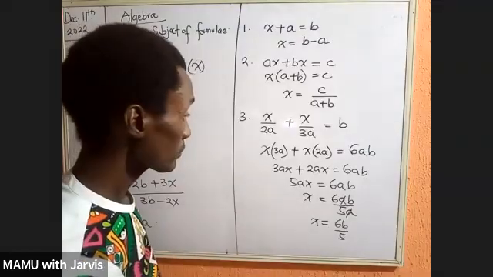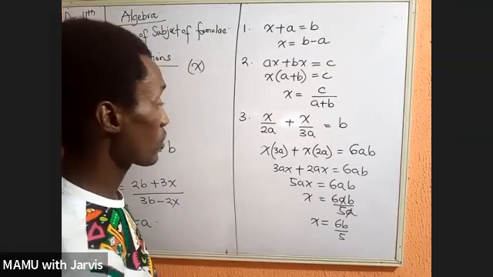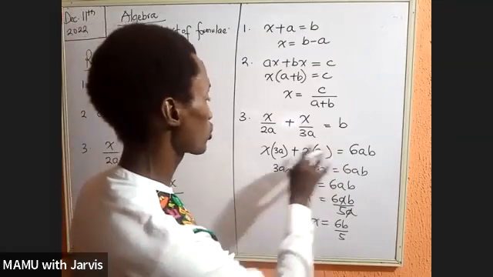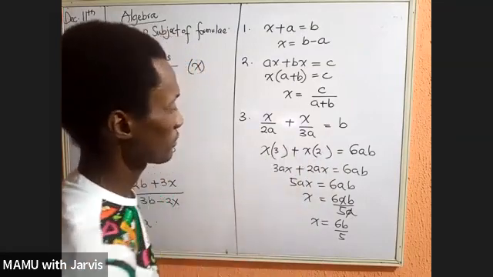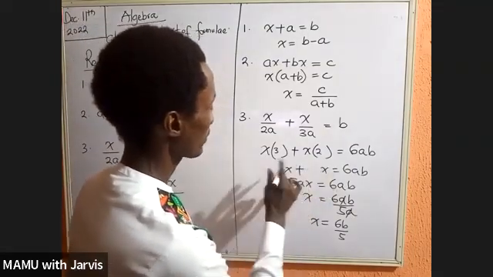Sorry, yes. I think I made a mistake here. It's supposed to be 6ab over 5. I've just discovered it. Now this will be 2, this will be 3. Sorry about that. Did you notice that? No, I noticed at the end when you didn't get 6ab over 5.